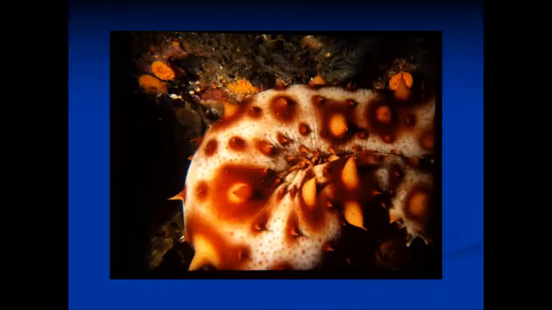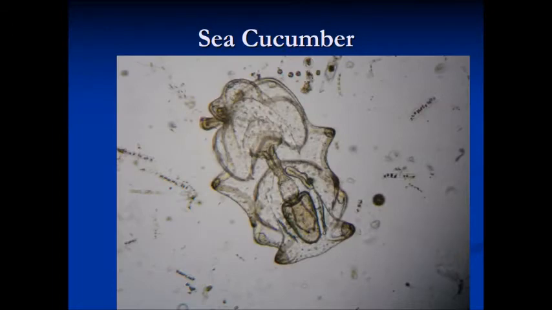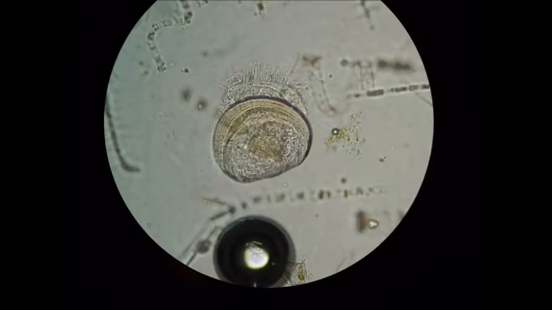Go to the next slide. It's a Stichopus sea cucumber. They start out looking like that as a plankton. Next slide. Sea cucumber. They don't resemble it very well. Next slide. And that is obviously some type of gastropod or bivalve clam or something.